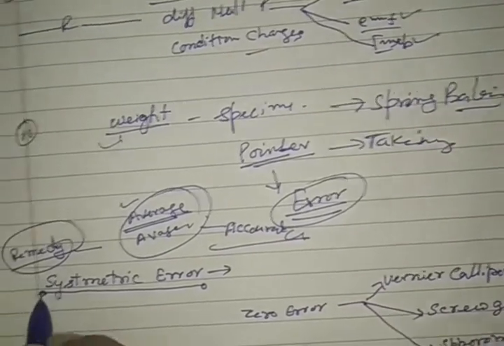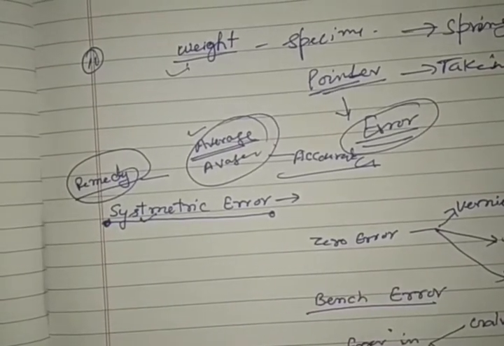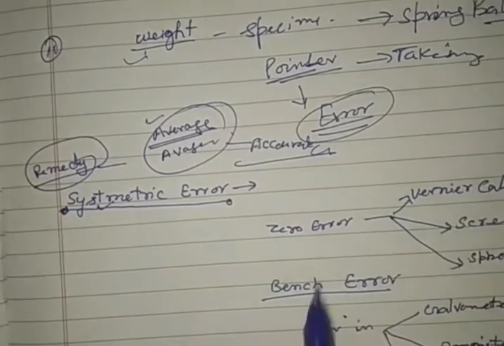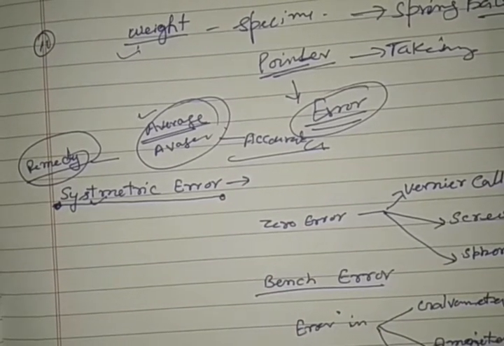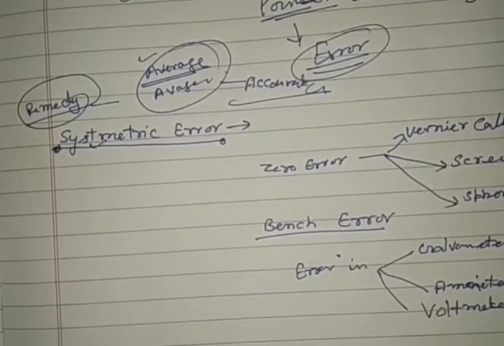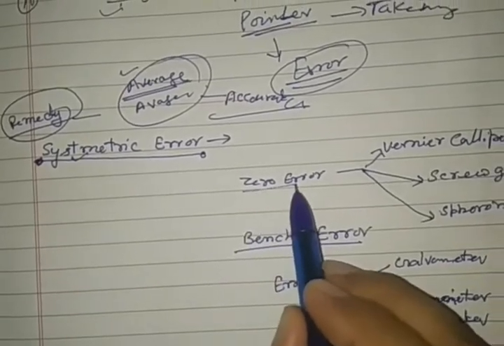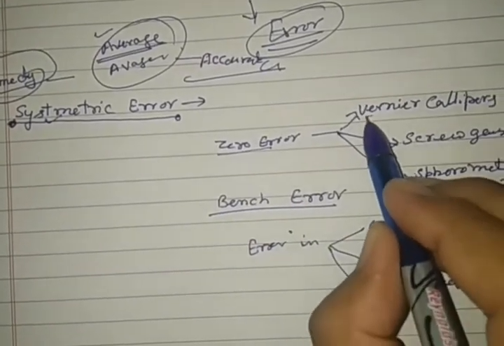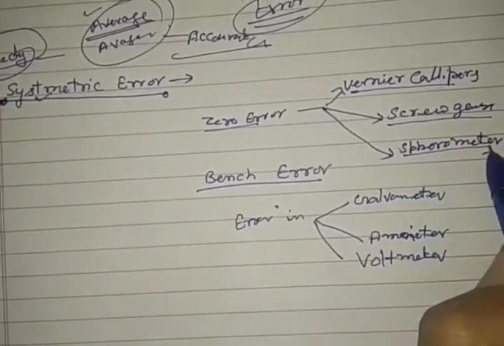The second type of error is called systematic error. In systematic error, listen very carefully, the error is always available with the instrument, such as zero error, which is sometimes present in vernier calipers, screw gauge and speedometer.